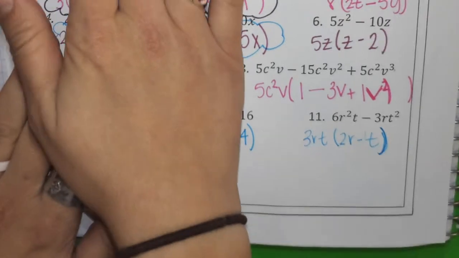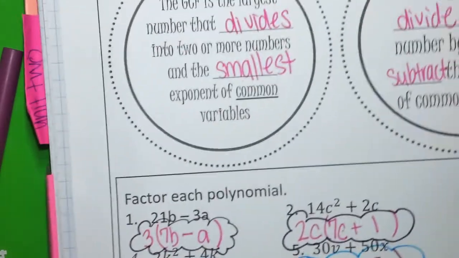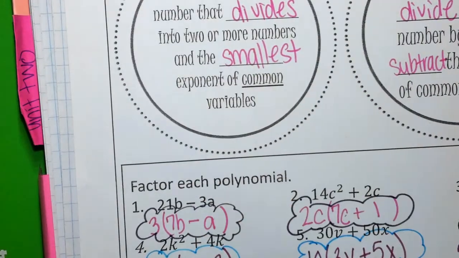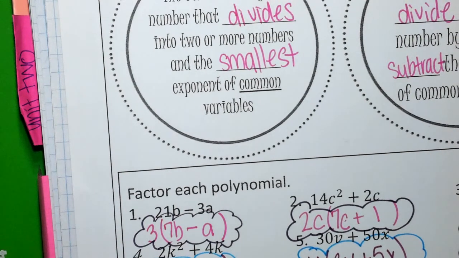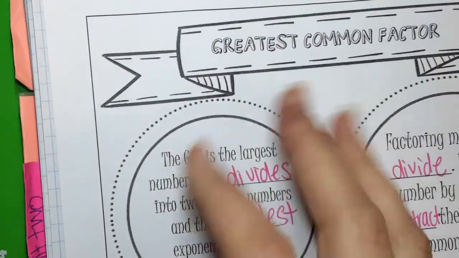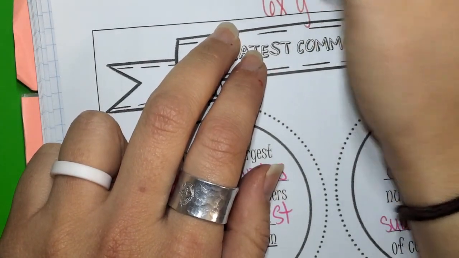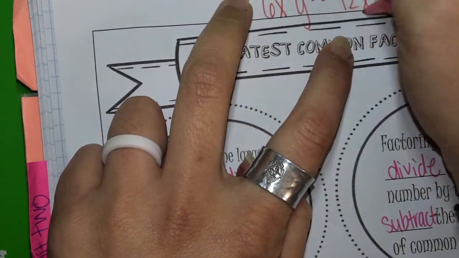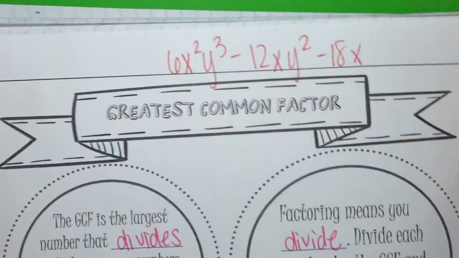Leave your notebook out whenever you do your activity because I want you to look at this every time. That way you know you have to take the smallest exponent every time, if they all share the same exponent. So for example, if I have 6x squared y cubed minus 12xy squared minus 18x.